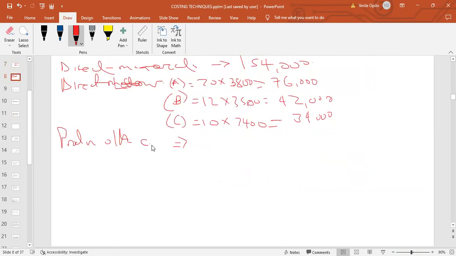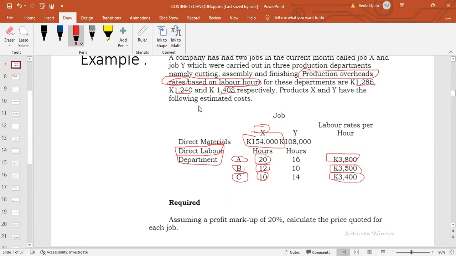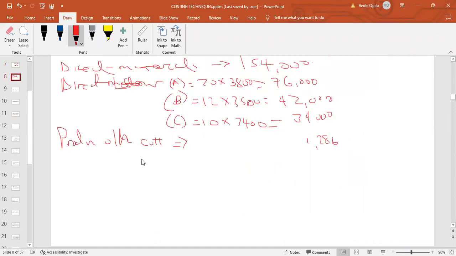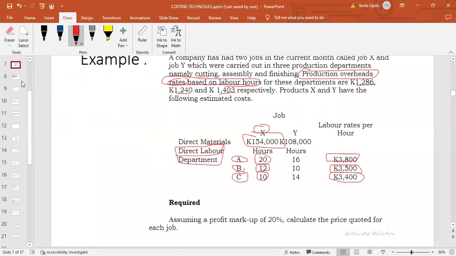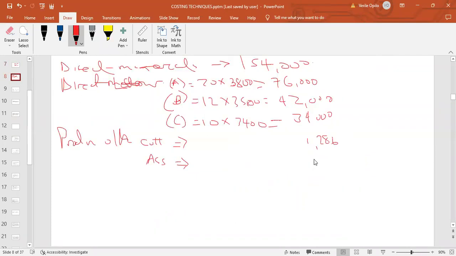For the cutting department, that one was given as 1,286. Then the second department, which we've been given here, is the assembly department. For the assembly department, we're going to have a total of 1,240. So we come here and show an amount of 1,240.